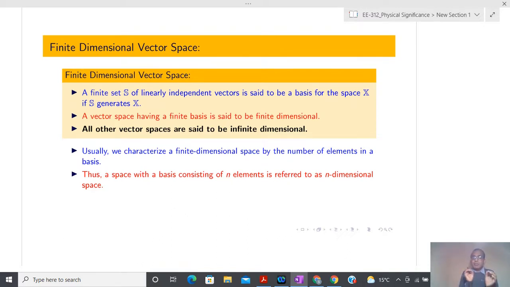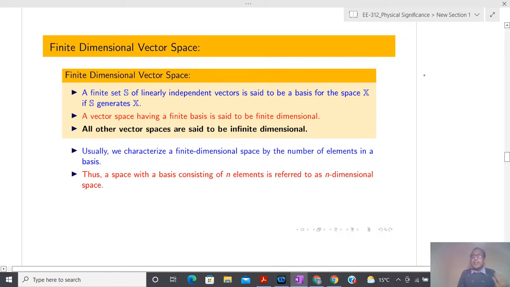Now it is possible to show that sometimes using a finite number of independent vectors I can represent the space, and sometimes that is not possible. If that is possible using a finite number of vectors, that space is called a finite dimensional space.